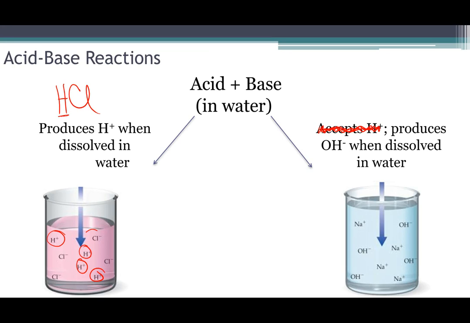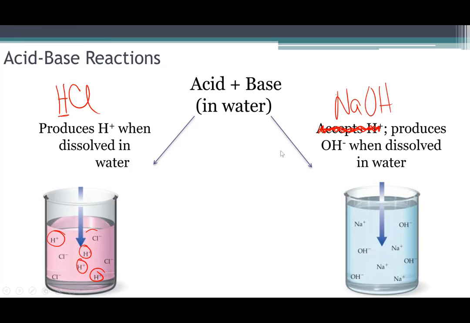So the poster child for a base is sodium hydroxide. So sodium hydroxide we know is an ionic compound. It will dissociate when dissolved in water. And when it dissociates, that's where we see those hydroxide ions that form as it dissociates. Okay, so that's your acids and bases in a nutshell.